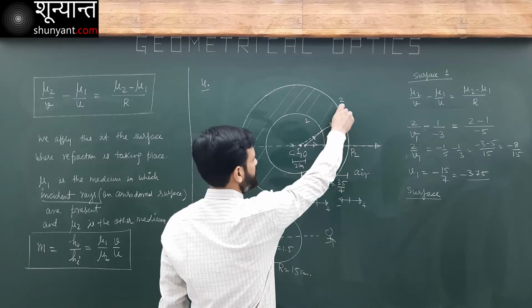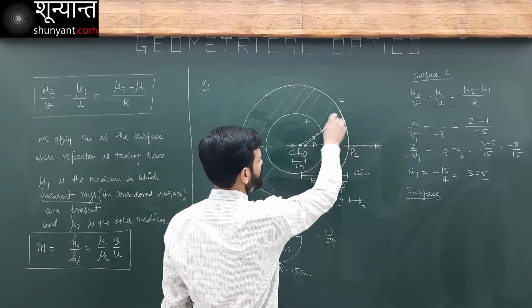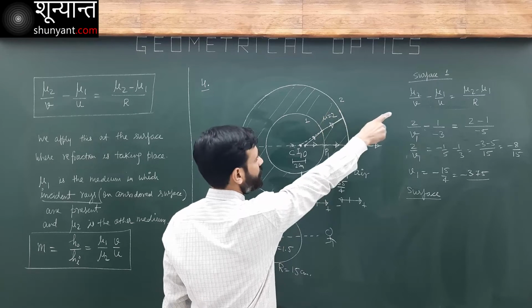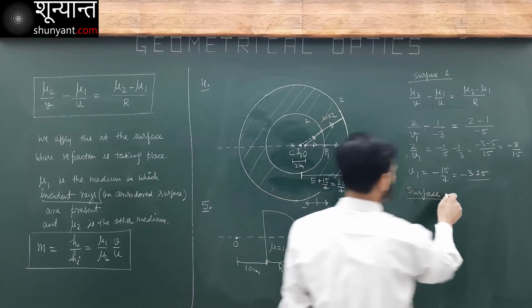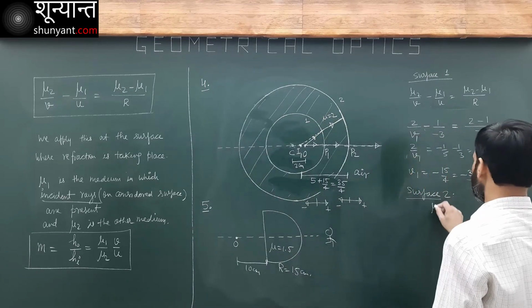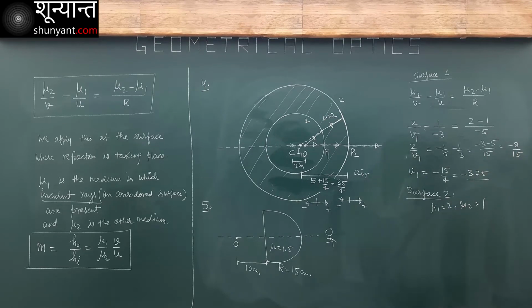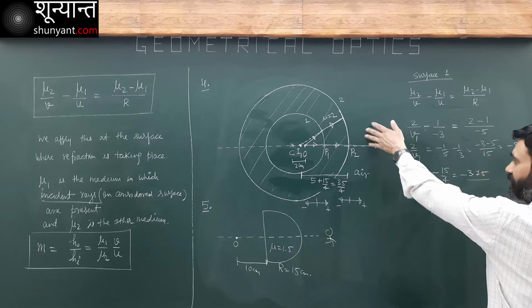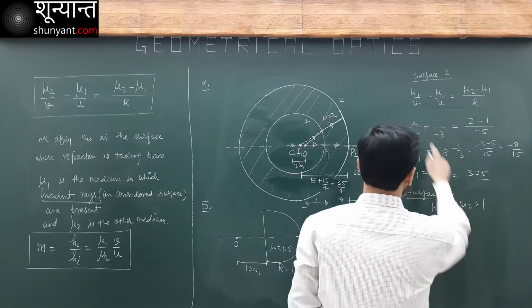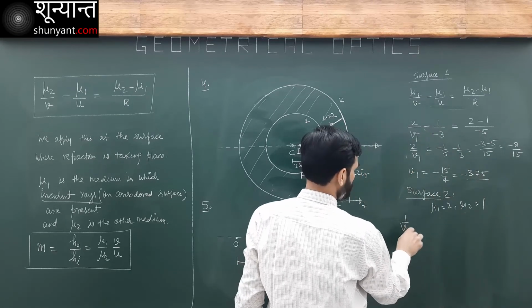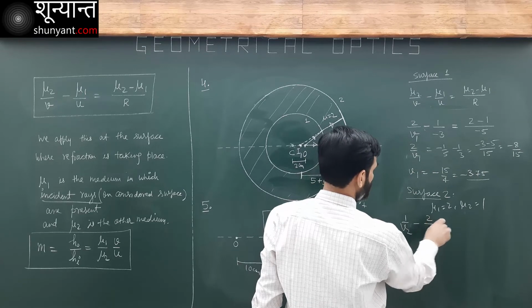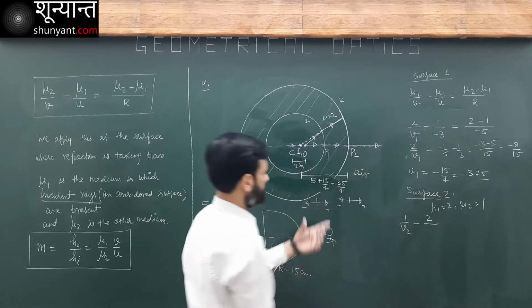Mu1 is the medium in which incident rays are present. For this surface, the incident ray is present in this medium. Mu is equal to 2. So mu1 will be 2. For surface 2, mu1 will be 2 and mu2 will be 1. Whatever is the other medium is mu2. So 1 over v2 minus 2 over u. This is u.